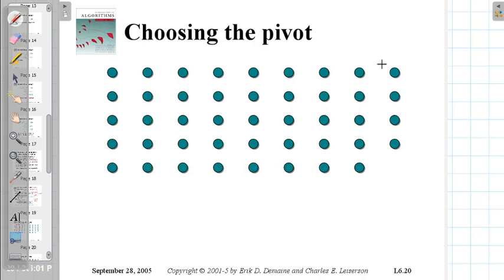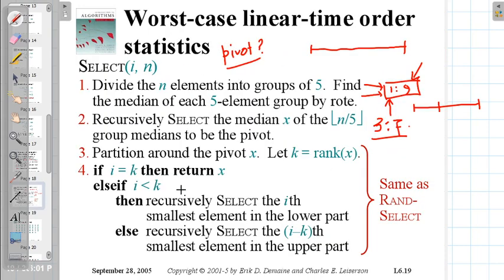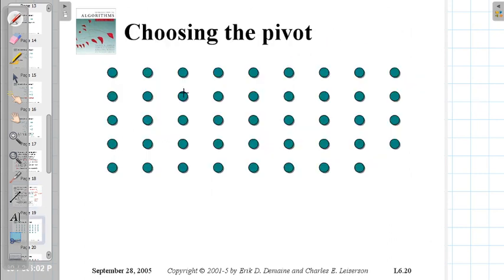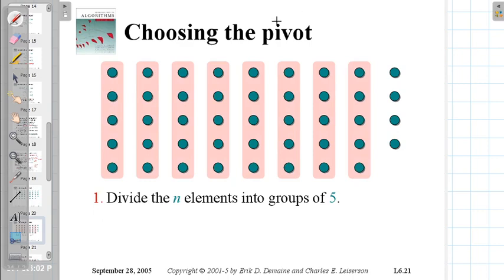So what we have to do is divide the list into groups of 5. Divide n elements into groups of 5 and find the median of each 5-element group.